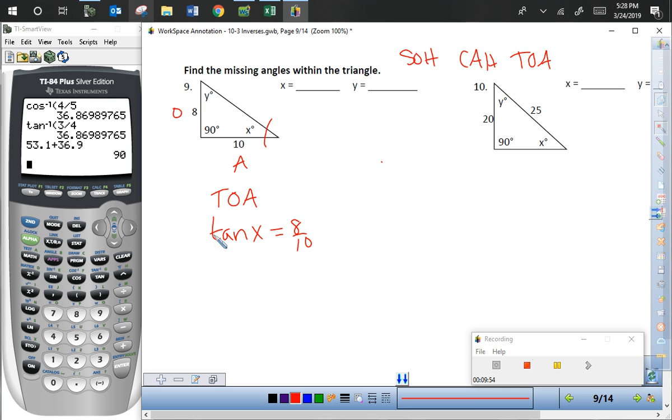Now normally when we set up these equations, it was important that we reduce this number, 8 over 10. Because we're not done yet, we still have to solve for x. It's not super important that you reduce that answer because it's not our final answer. Okay? Our final answer, we need to get x out of there, and that means we have to get rid of this tangent here. Remember, to get rid of tangent, we use the inverse tangent, that -1, on both sides.